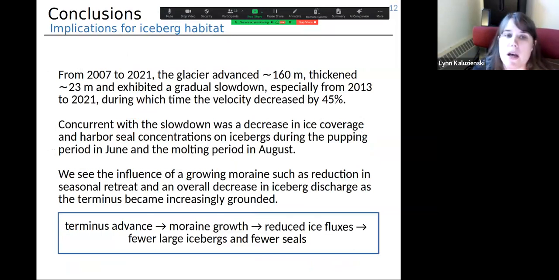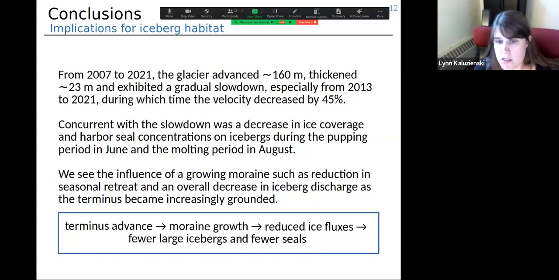Wrapping up this section of the talk, in general, from 2007 to 2021, we've seen around 160 meters of advancement. The glacier has thickened around 23 meters, and has exhibited gradual slowdown.